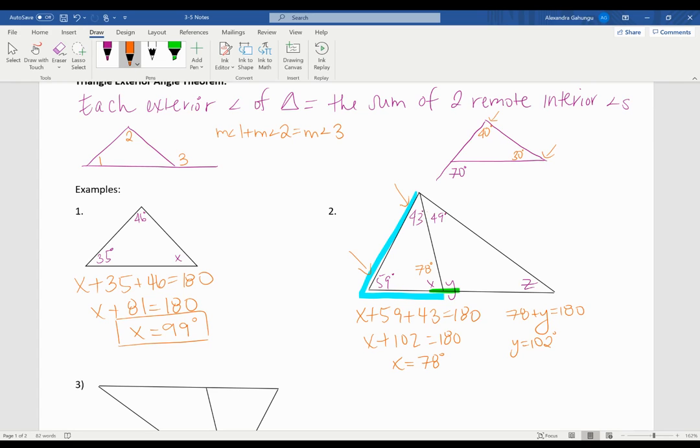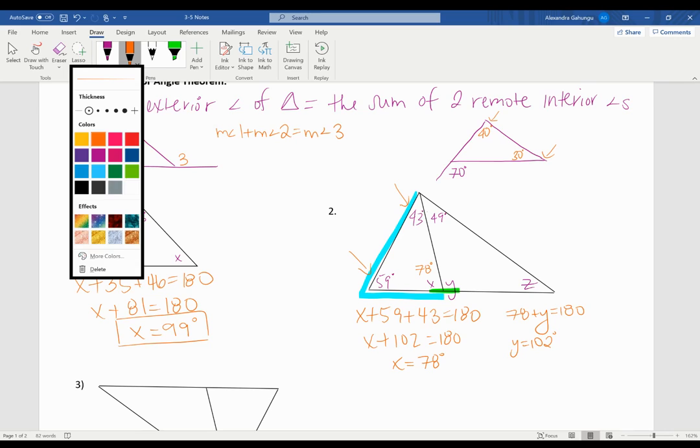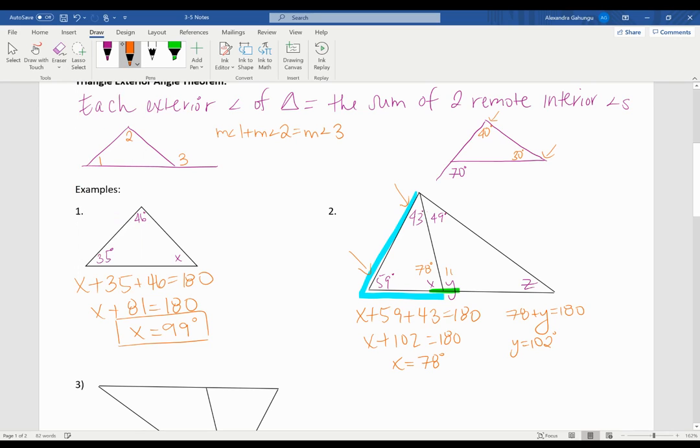And then finding z. So I've got 102 here. I'm now working in this triangle. So 49 plus 102 plus z should add up to 180.